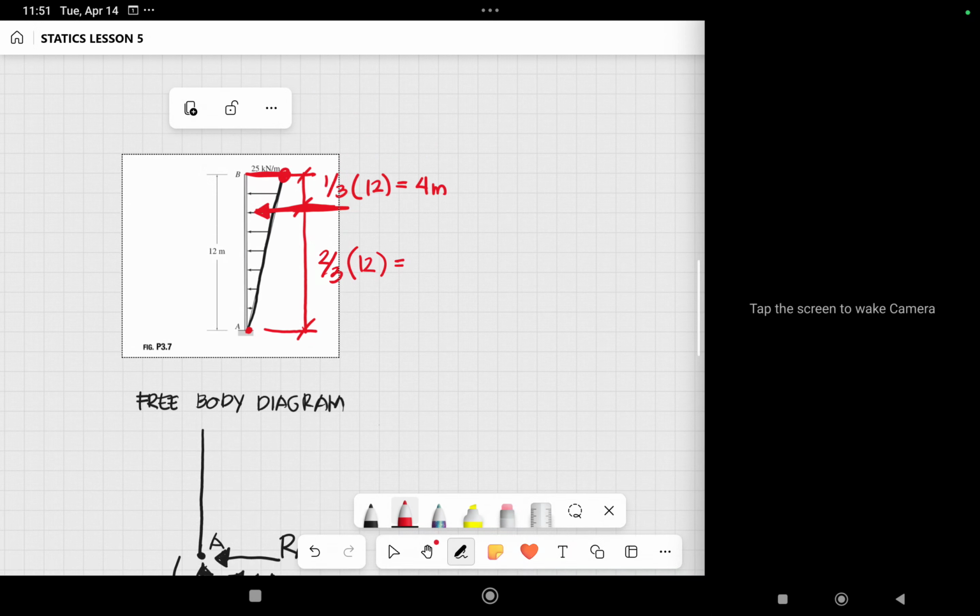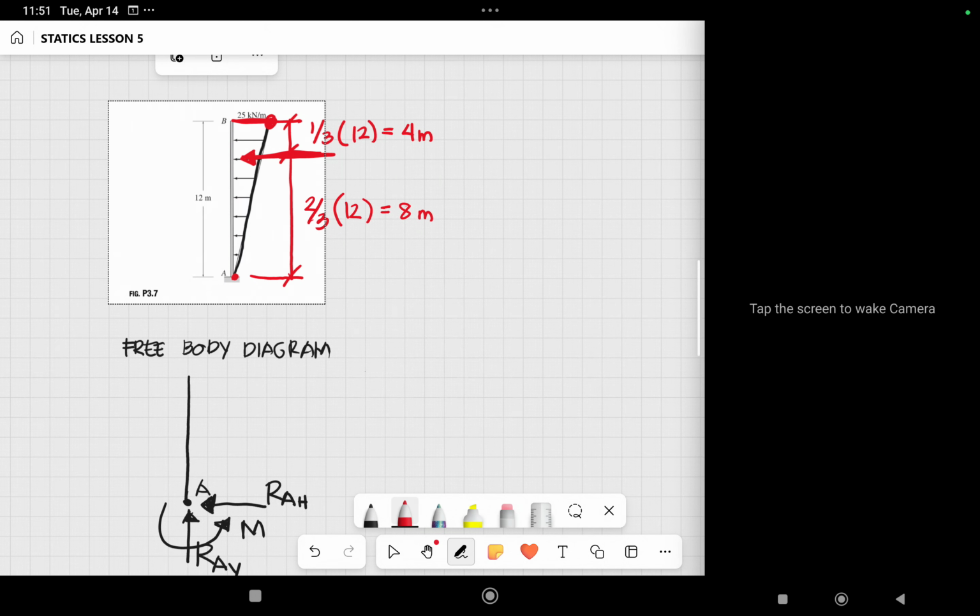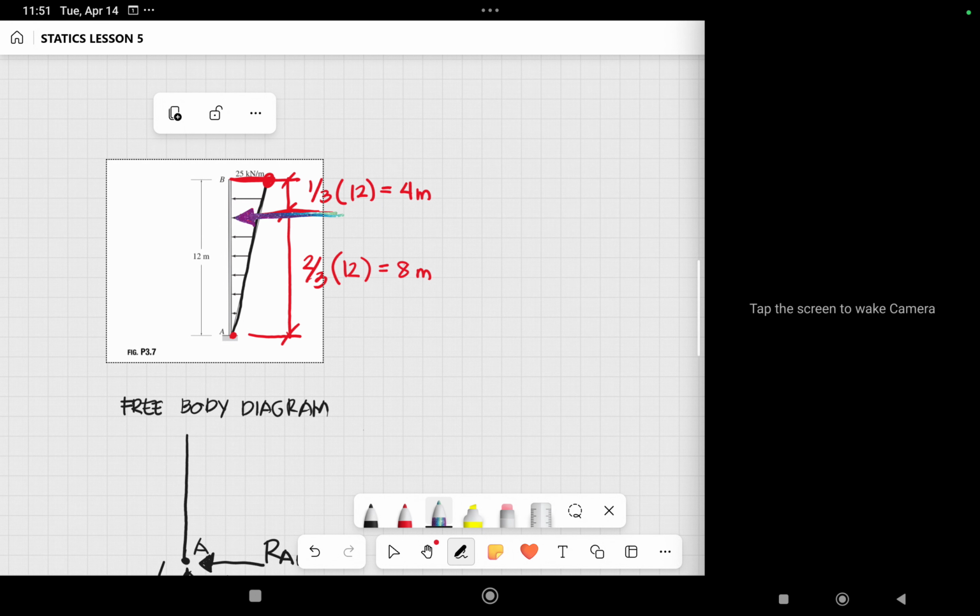So kung 4 meters, so that is 8 meters. Yan yung location ng ating resultant force, equivalent concentrated force ng distributed. So lagi ganon. Pag may distributed, kunin mo na yung equivalent concentrated force.